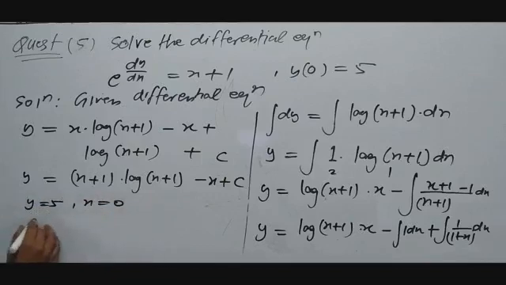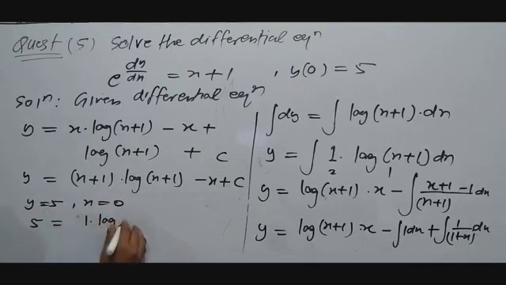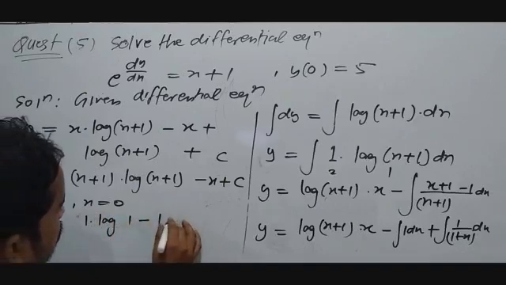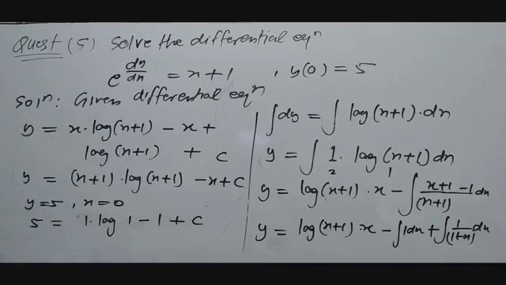So 5 will be equal to 0 plus 1, result will be 1, so 1 times log of 1 minus 0 plus c. What will be the result? This will be 0 because in place of x you are putting 0. So c you will get is 5.